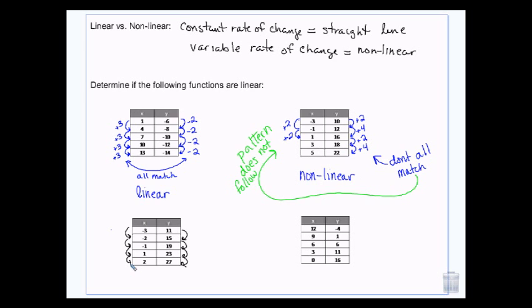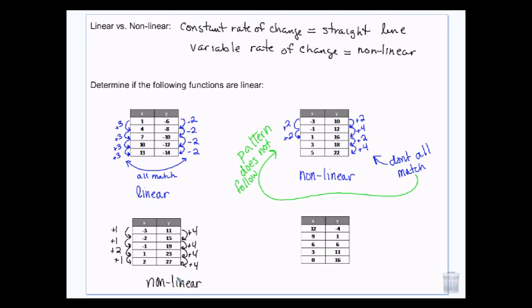So I've got plus 4, plus 4, plus 4, plus 4, right? Those are all good. I'm going to have plus 1, plus 1, plus 2, plus 2, plus 1. That's going to make us not linear. Trying to throw us for a loop with that negative 1. Yes, I did. But does that make sense? I'm just looking at, to get from this number to this number, what do I have to add? Or subtract? Like if it was going down, I would subtract.